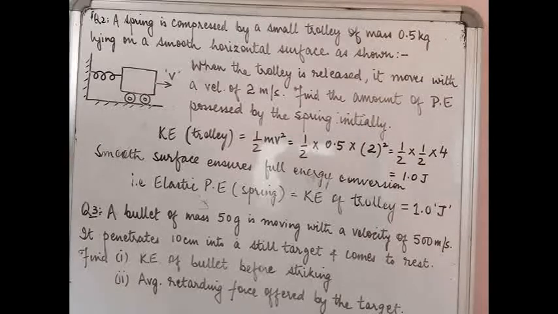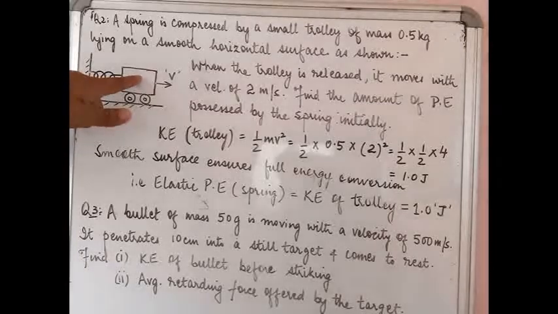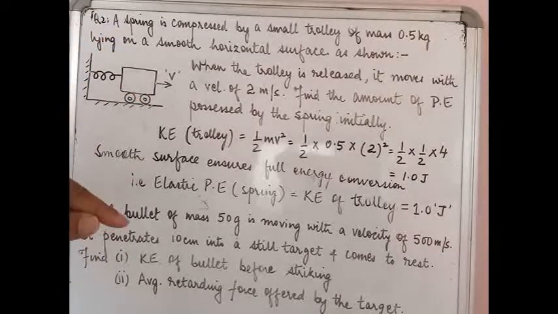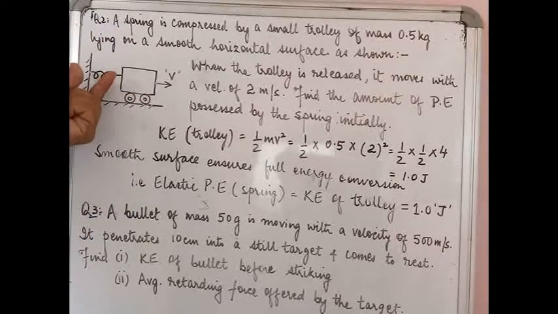So what is the energy transformation that is taking place? What was the reason why the trolley was not moving earlier, but the moment we released the trolley, it started moving towards the right side? So the theory involved over here is, when the spring was compressed, as you have already studied, what form of energy did it possess? It possessed elastic potential energy.